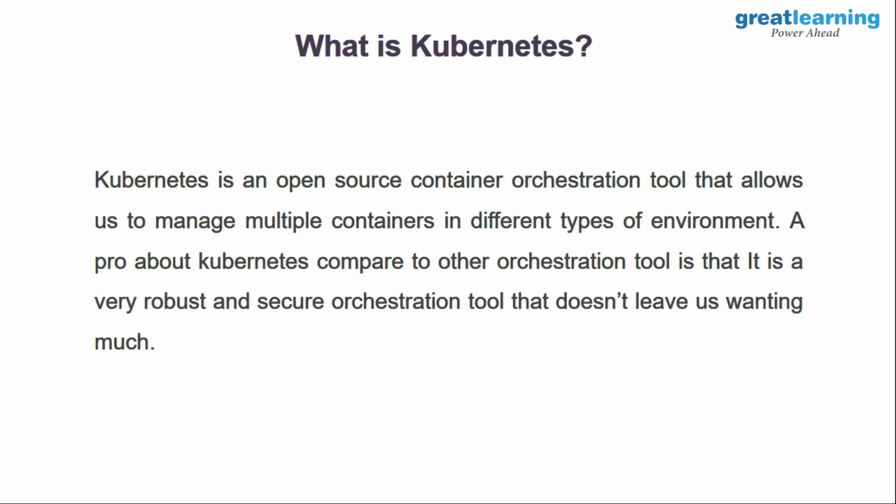Even though Docker has mastered the art of creating a tool that allows you to create containers, Docker Swarm isn't really up to the mark. Kubernetes is way better in that regard. Now, Kubernetes was developed by Google, and after they finished making it and using it internally, they made it open source for everyone else to use.